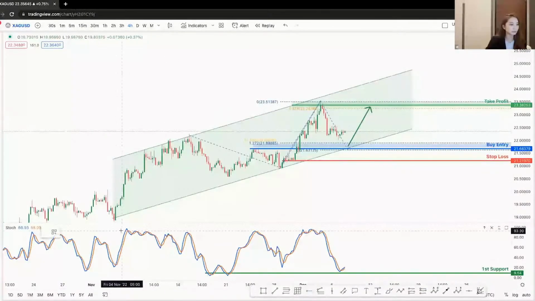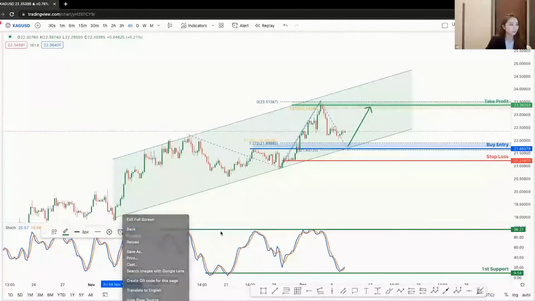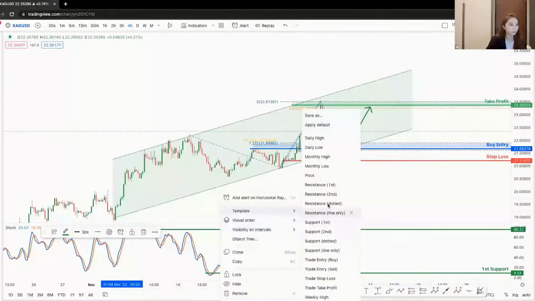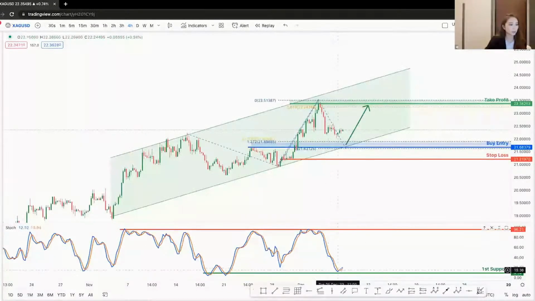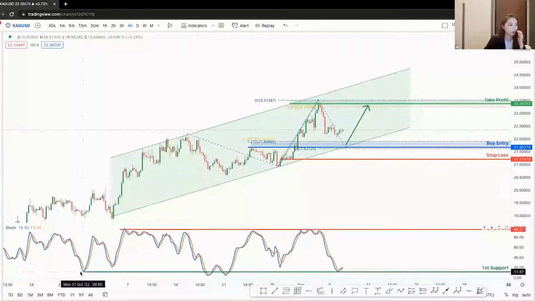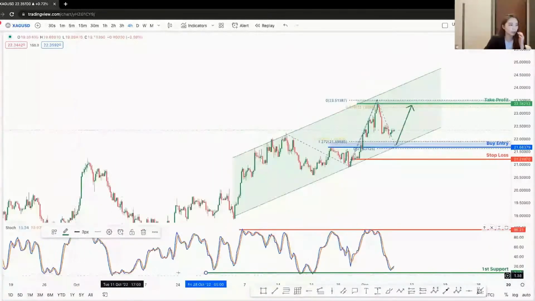Resistance level. All right, so there's a chance where we can see a bounce up from here. Sorry, the support can be slightly lower.